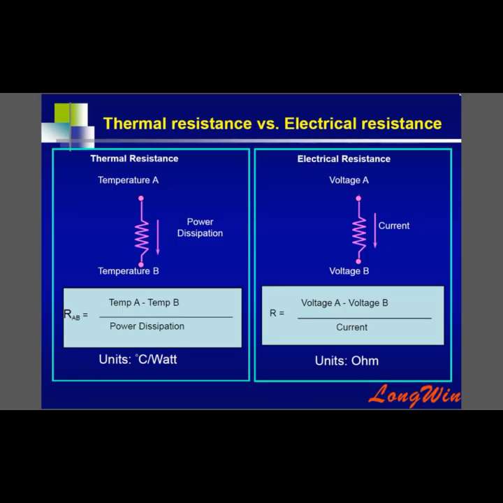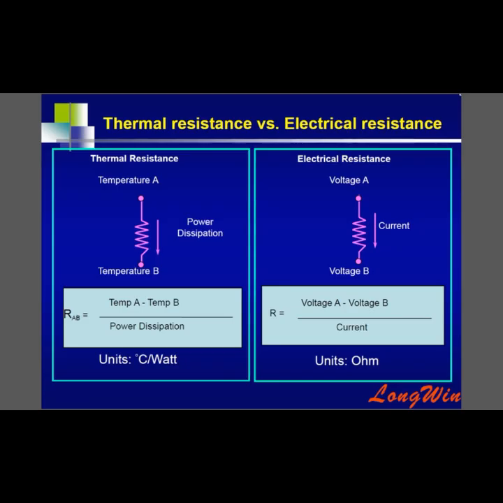And the definition of thermal resistance is the temperature difference divided by the power dissipation. If the temperature difference is the same, but with more power dissipation, that means the lower thermal resistance. Or the power dissipation remains the same, but the temperature difference is lower. That also means the thermal resistance is lower.